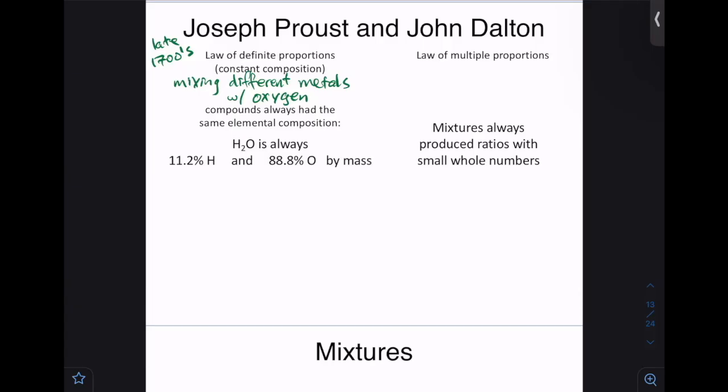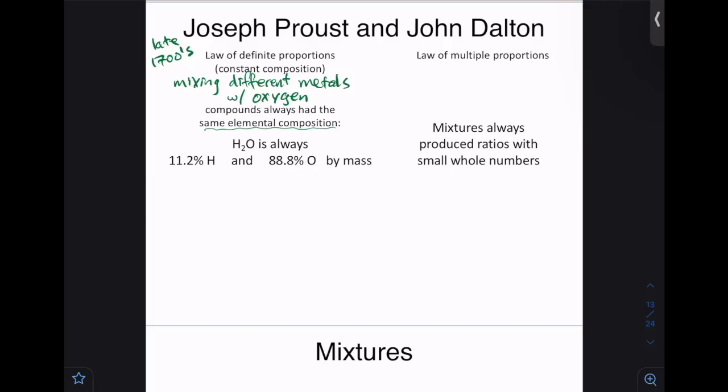And that's going to be true whether you measure a little tiny bit of it or a whole large amount of it. The proportions of hydrogen and oxygen were always the same. All right, so they always mixed with the same elemental composition. And in fact, his scientific law was called the law of constant composition, which is just written right there for you on the slide.